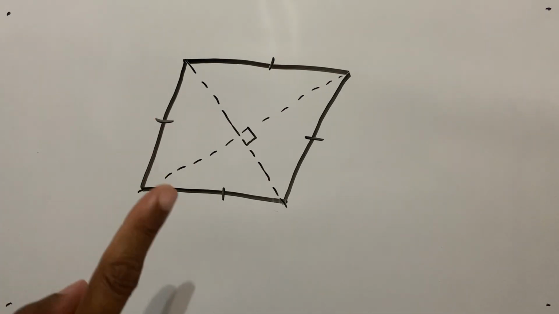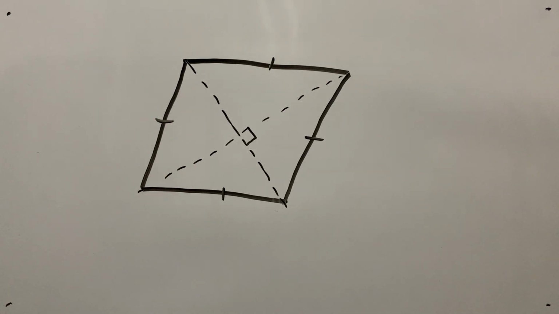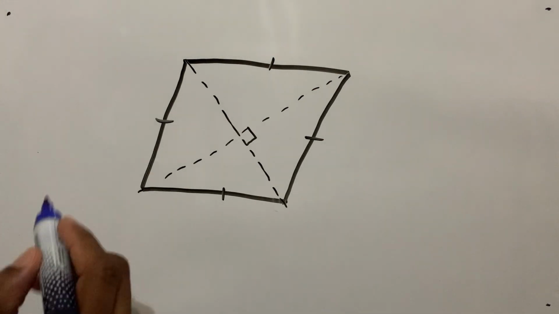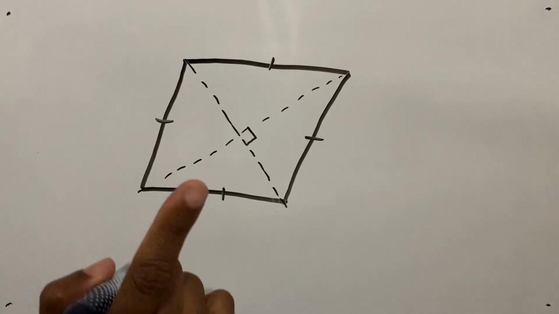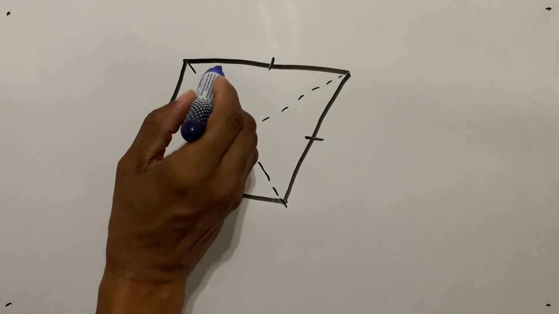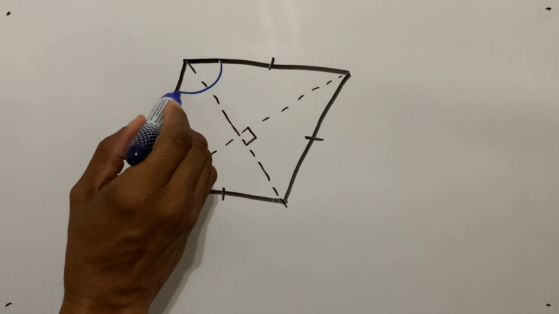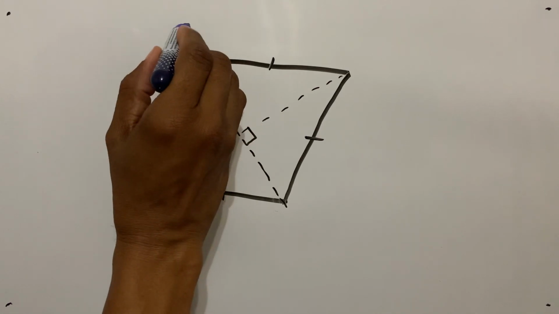Something else that's very, very important is that the diagonal bisects the angle through which it passes. Let me explain. For example, let's say this angle was 120 degrees.